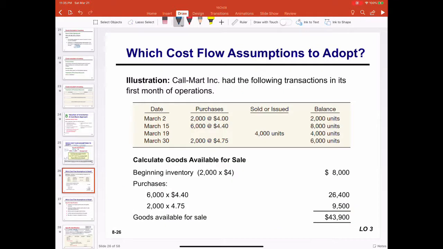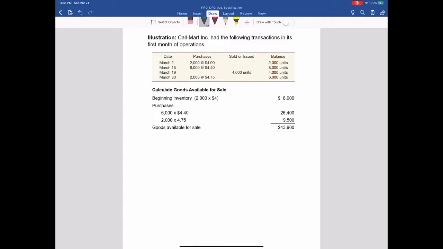In this section, I'm going to use this example for the 4 different methods. To make my lecture easier, let me switch to a Word file. This is an example. I'm going to introduce the determination of cost of goods sold and ending balance of inventory based on different cost flow assumptions. Let's first obtain the information we need. There is a purchase, which is the first purchase on March 2nd. The number of units is 2,000.